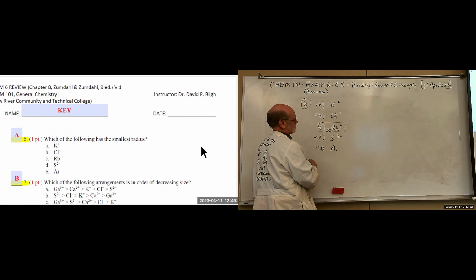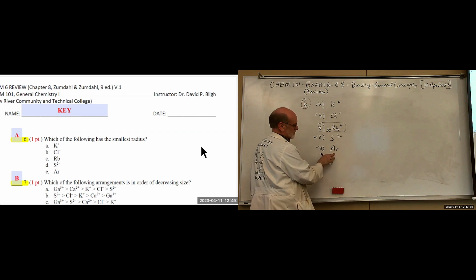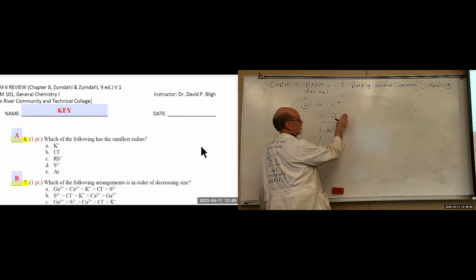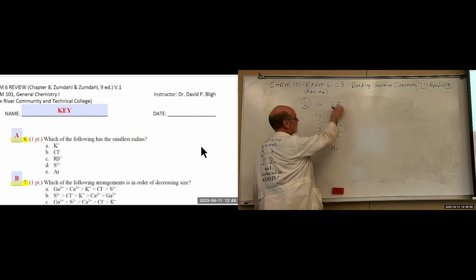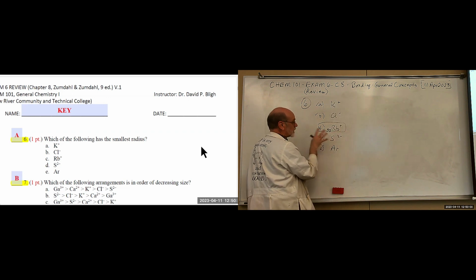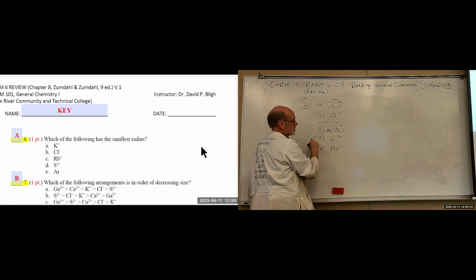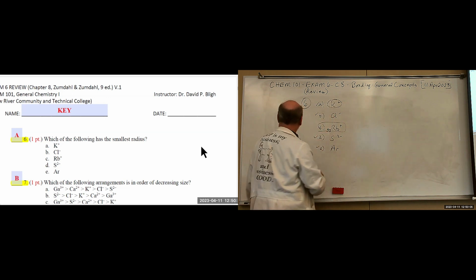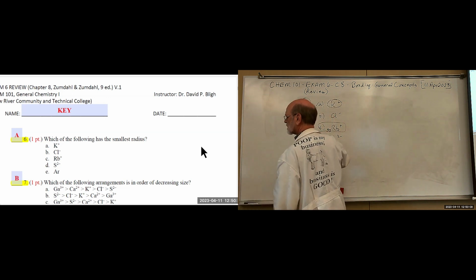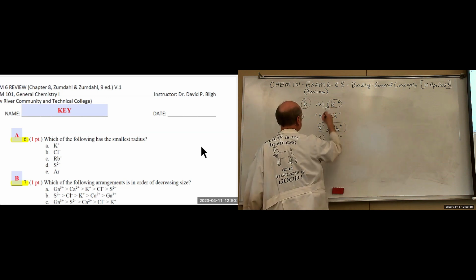And these are going to be big. That's neutral. That's got extra electrons, and they're all isoelectronic. So we know amongst these four, that one's definitely the smallest. My question is rubidium, because potassium only has 19 protons.